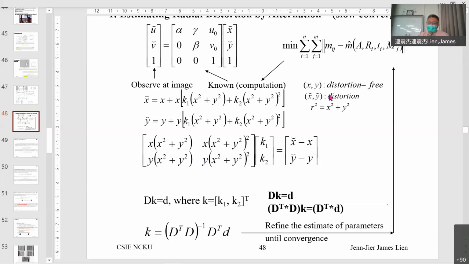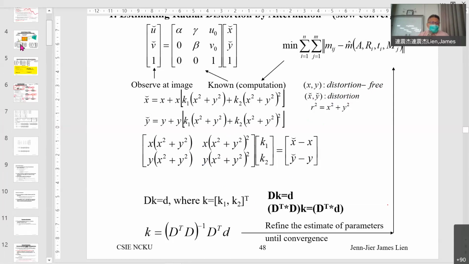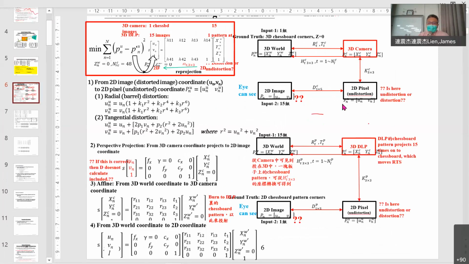And what is distortion? Right now you have a solution here, because we already calibrated, we already solved R, T, and we also solved K. So any 3D chessboard point will project to here. Actually, this is undistorted: what we just calculated is projected to here.